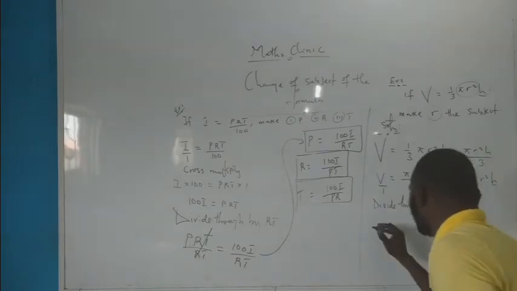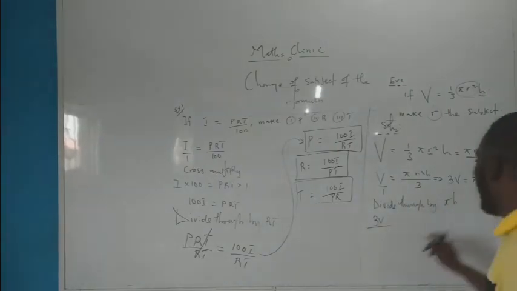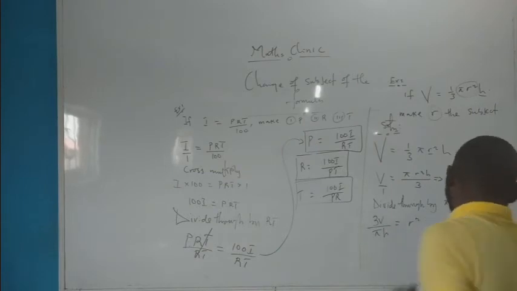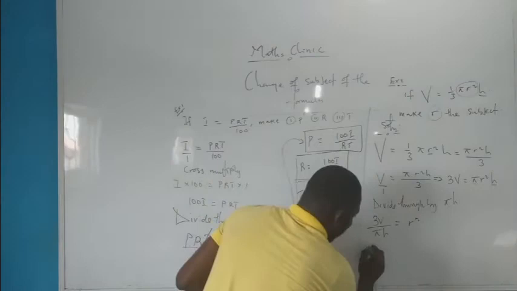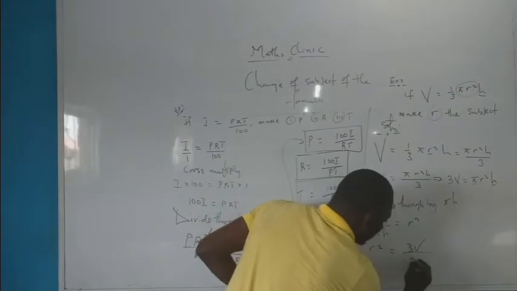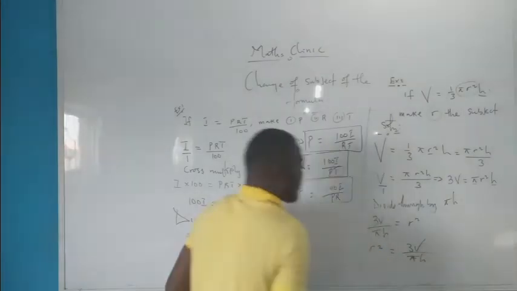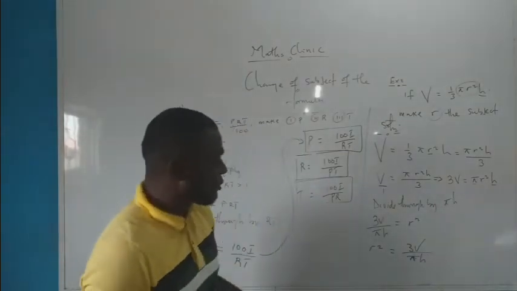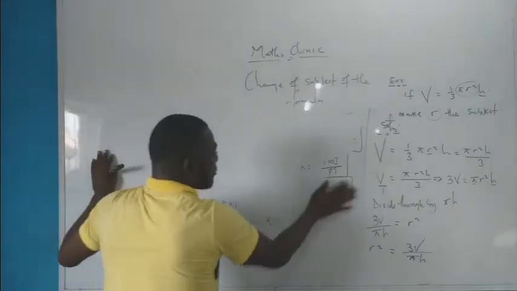So we have 3V upon pi h equals r squared. So r squared equals 3V upon pi h. We have to solve for r and not r squared.